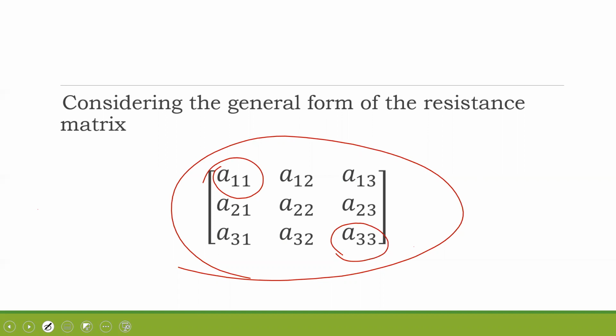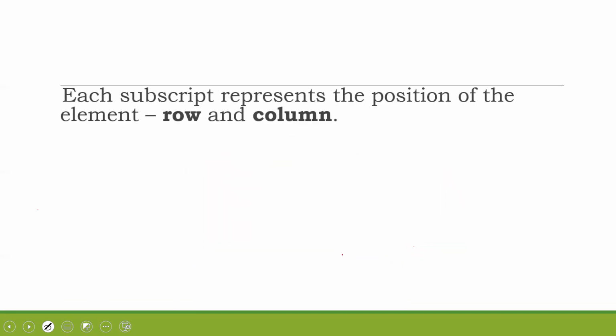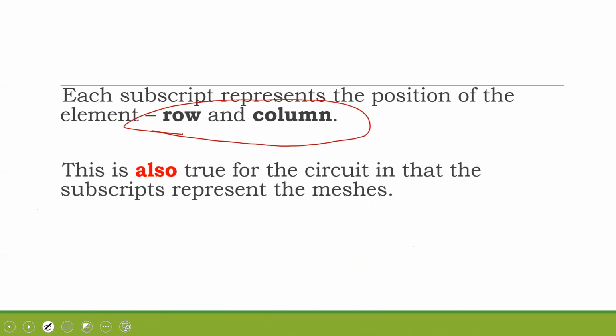So this is our general matrix, and what I want to do now is compare it to the resistance matrix that we just looked at. I just indicated that the subscript represents the position, row and column, but we can also link this to the circuit.